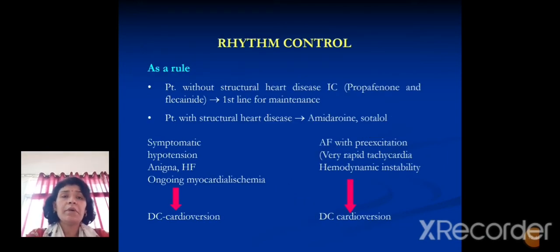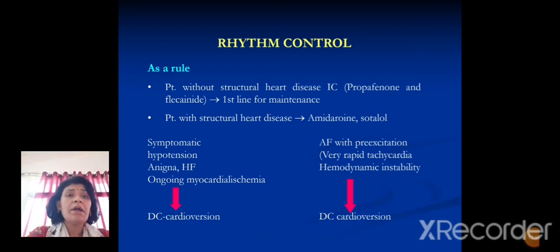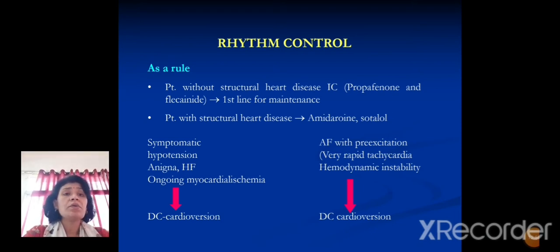And coming to rhythm control, as a rule, in patients without structural heart disease in the younger population, drugs for rhythm control are the first approach, and where there is no structural heart disease at all, propafenone and flecainide are the first line treatment for maintenance. If the patient has evidence of structural heart disease, then amiodarone or sotalol are the drugs to be used.